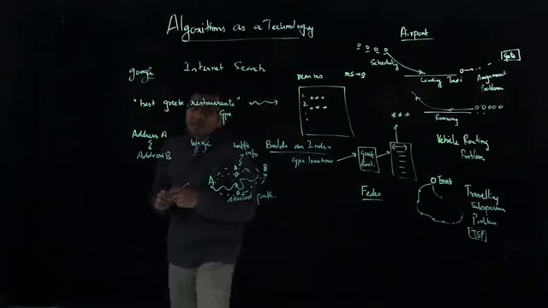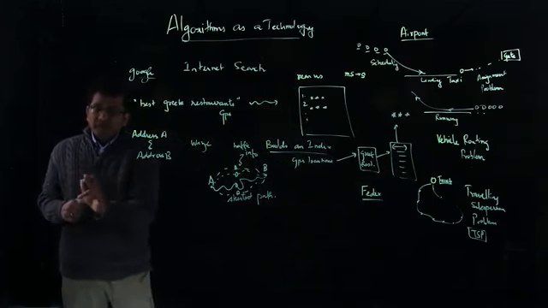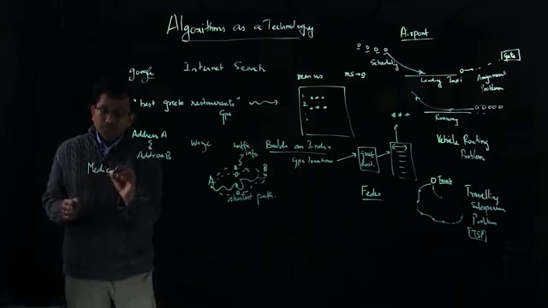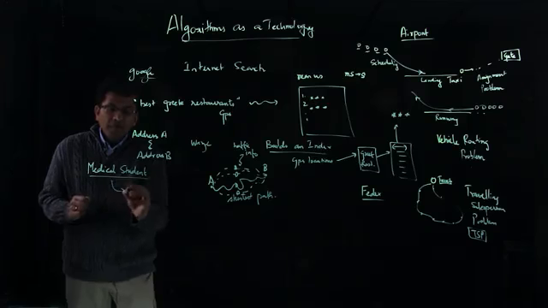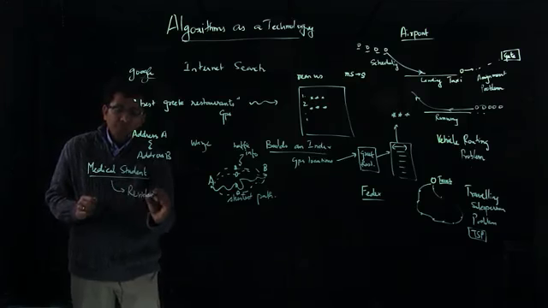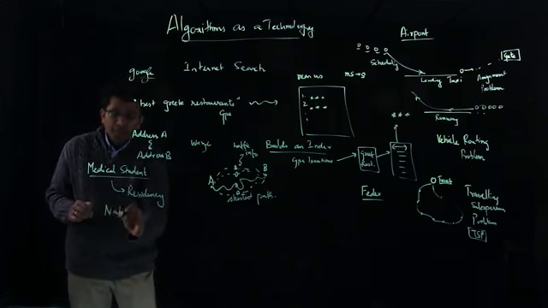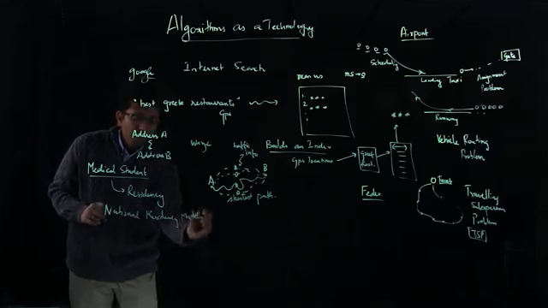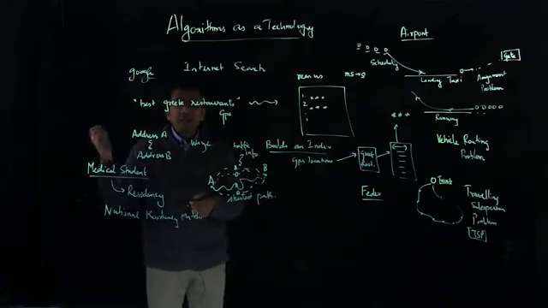Another example of where algorithms get used: you will find them in all the odd places. For example, if you are a medical student and you are looking for a residency, there is something called the National Residency Match Program, which assigns medical students to the residencies that they would like to go to.